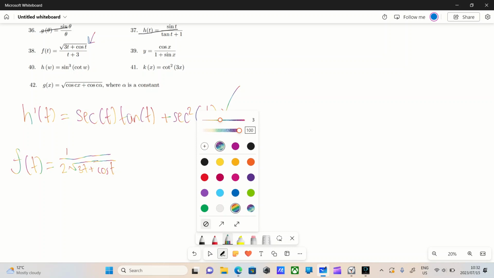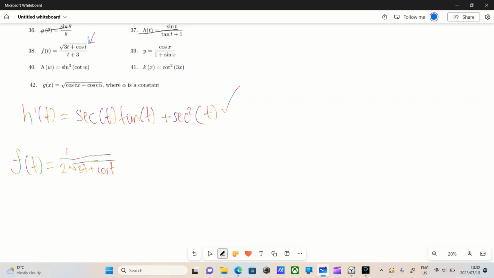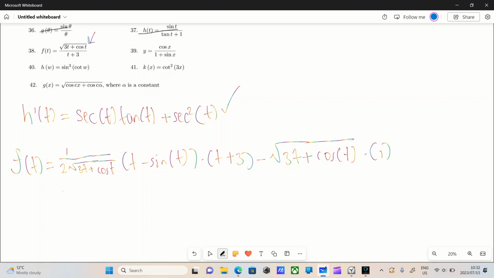This color is annoying me. Yeah, we'll keep it because we already started. Plus cosine t multiplied by the derivative of 3t plus cosine t, that being 3 minus sine t, multiplied by t plus 3, minus the square root of 3t plus cosine t, multiplied by the derivative of t plus 3, that just being 1, all divided by t plus 3 squared.